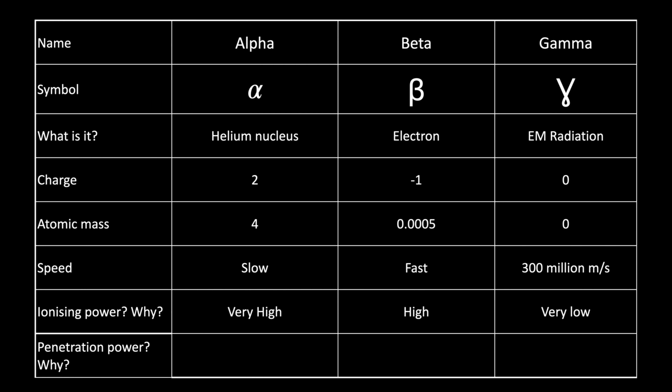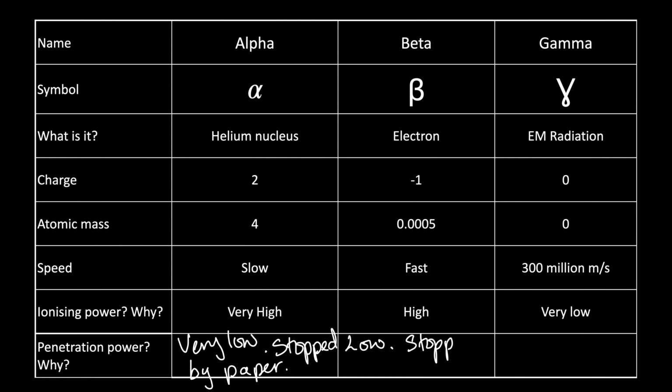Alpha particles have a very low penetration power, as they can be stopped by paper. Beta particles have a low penetration power and can be stopped by aluminium foil.